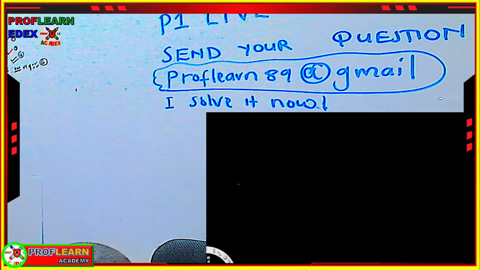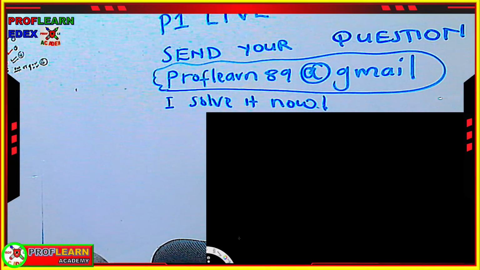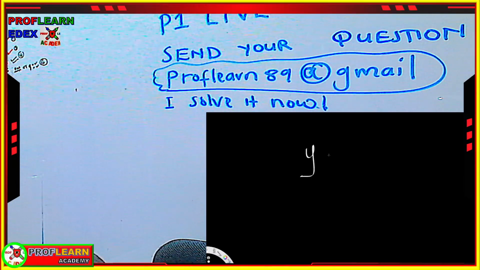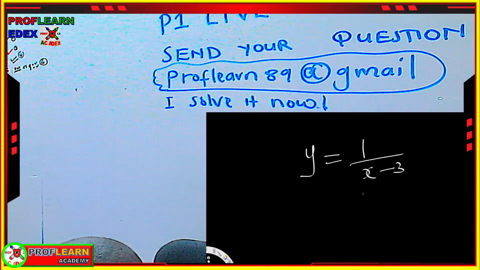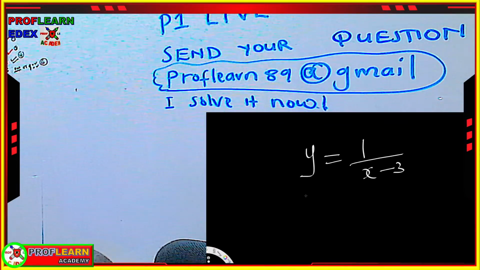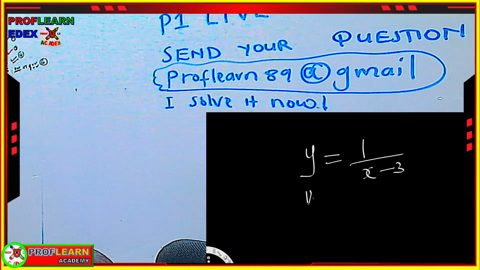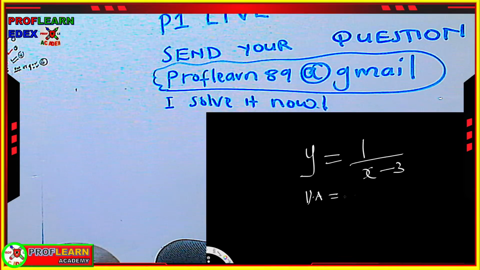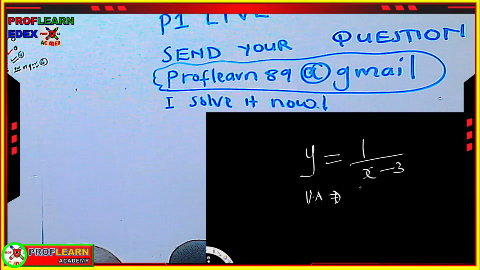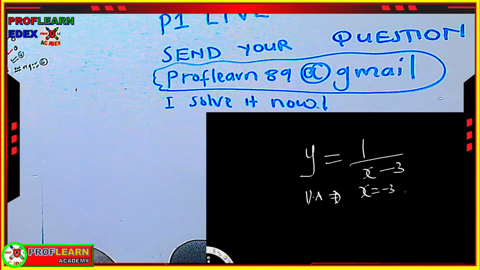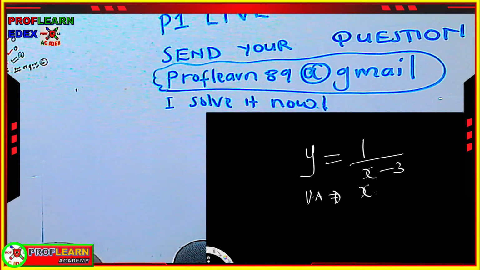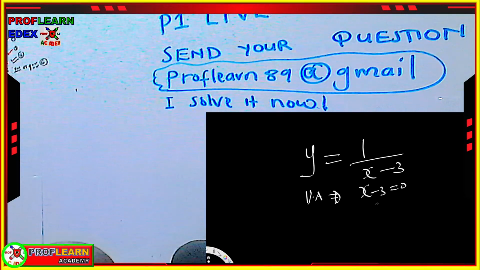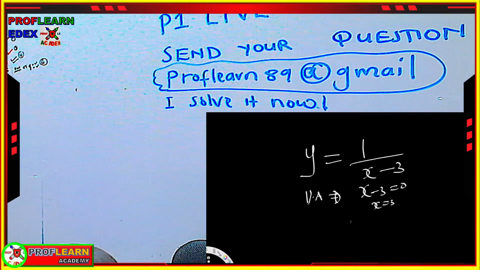So let me just also give you another format of graph that you can be asked. If you are told to sketch a graph of 1 over x minus 3, for this one, what is the vertical asymptote going to be? x minus 3 equals 0, so x equals 3 is the vertical asymptote.